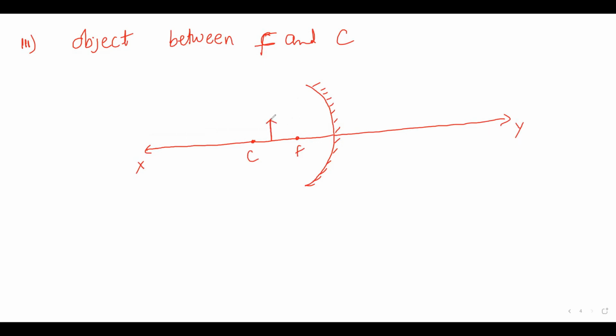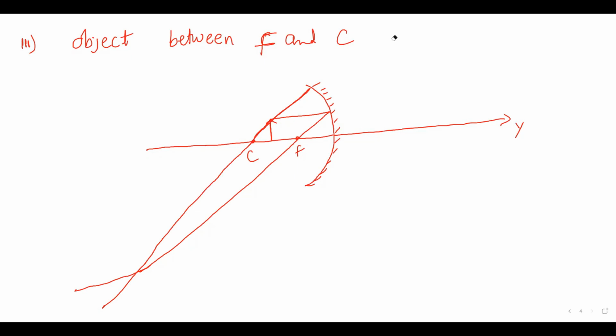What happens? A parallel ray will pass through focus. A ray passing through center of curvature will be moving back in the same path. Both the rays are intersecting at one particular point and image is formed at that point.